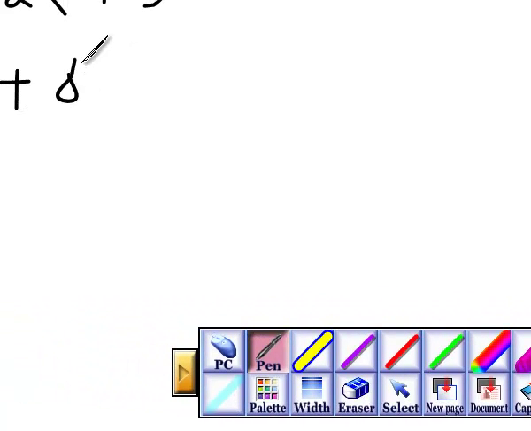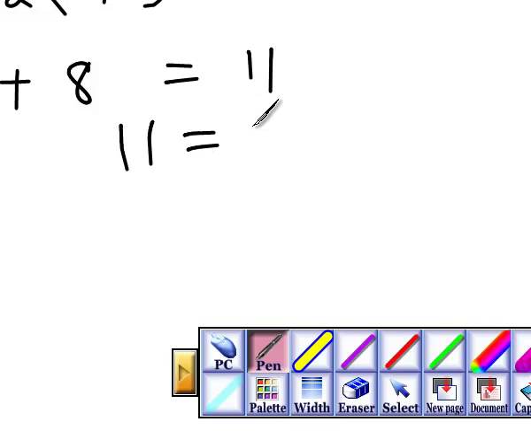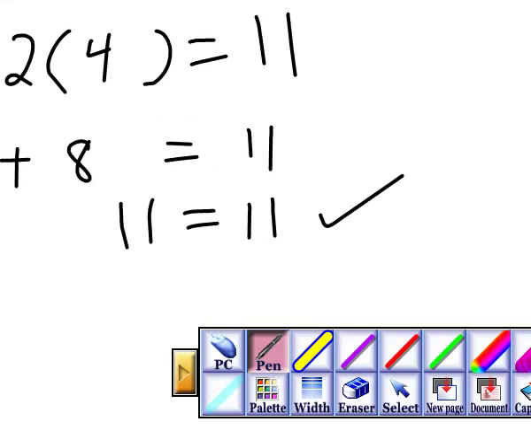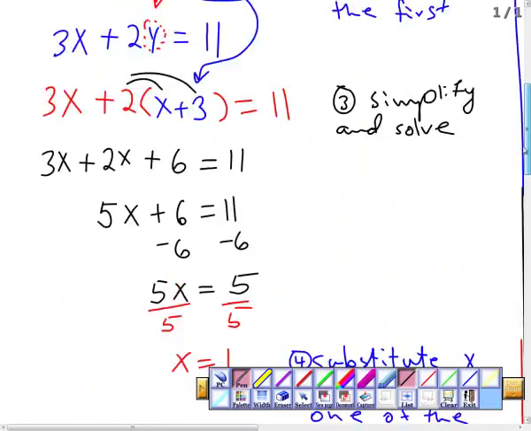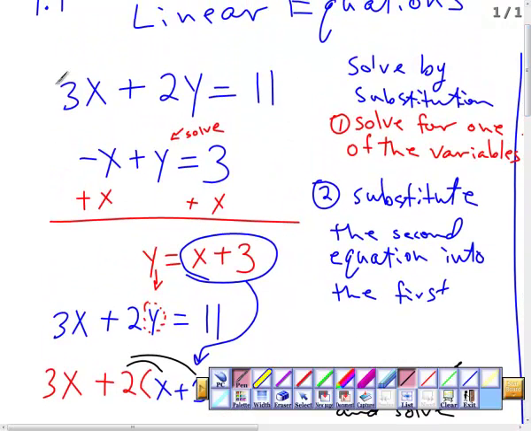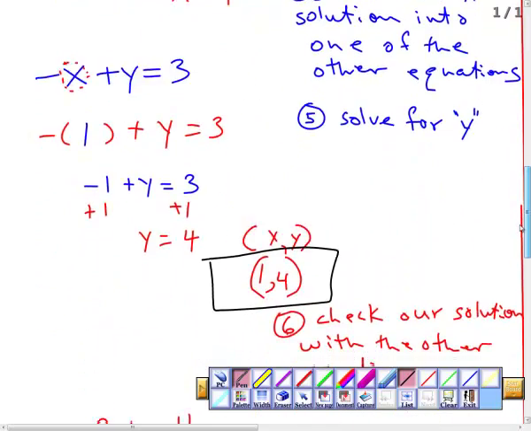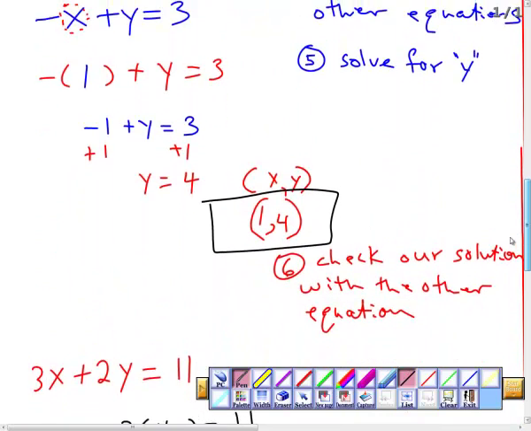So this would be 3 plus 8. Yeah, that's going to equal 11. So it checks. Our answer is 1, 4. So if we were to graph these two lines, they would intersect where? At 1, 4. Right, x is 1, y is 4.